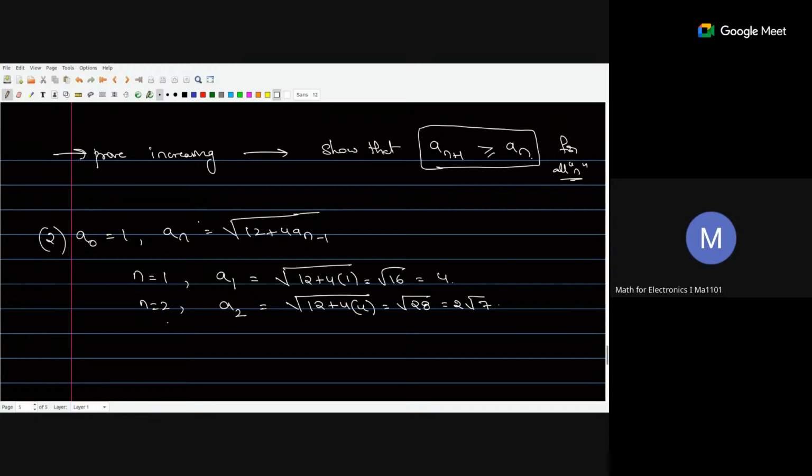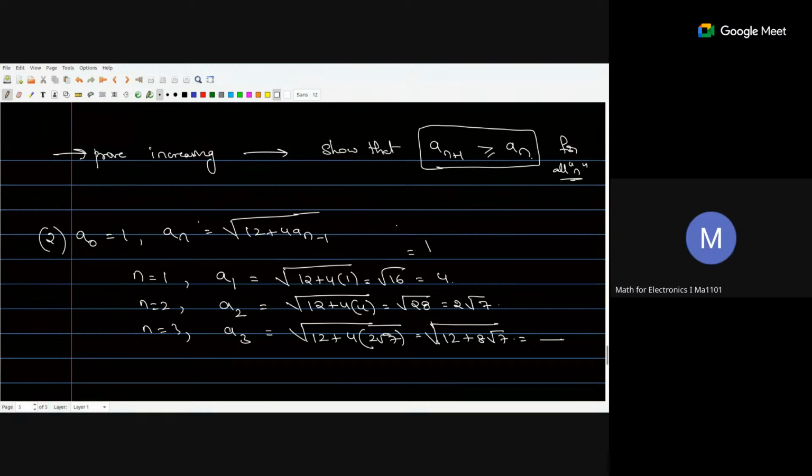And then the next number will be square root of 12 plus 4 times 2 root 7, and this is something like 12 plus 8 root 7. Correct? So like this it will go. It started from 1. Let me just use the calculator and show you.